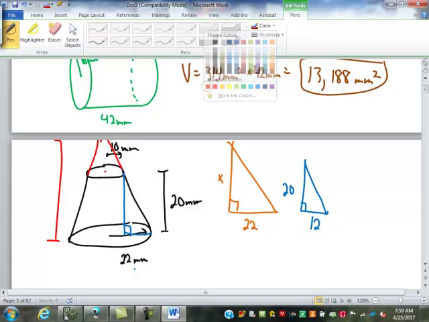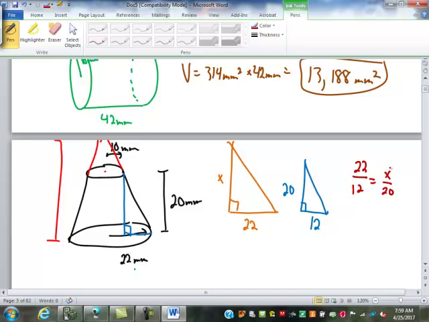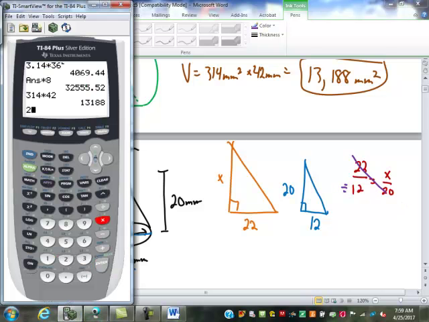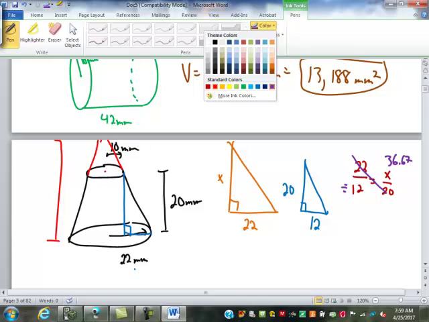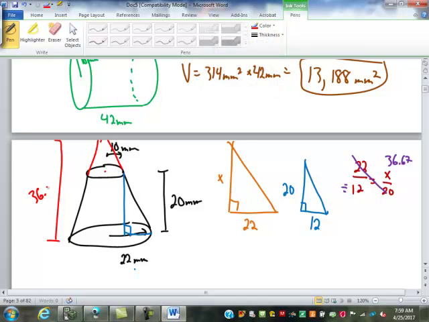So to find this overall height, 22 compares to 12 as x compares to 20. And we'll cross multiply and divide. So 22 times 20 divided by 12. 36.67. So that overall height there would be 36.67 millimeters.